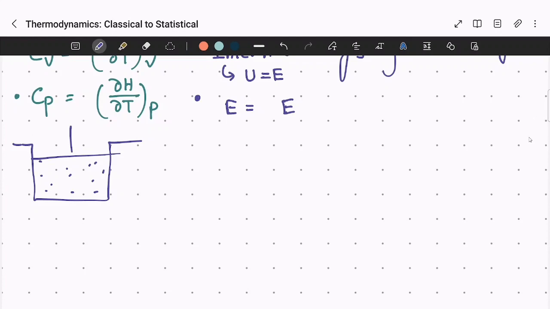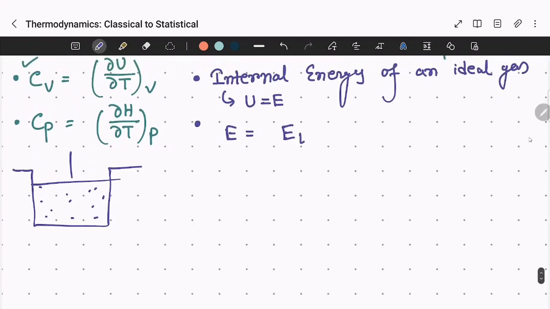It should be translational energy, rotational energy, and vibrational energy. Means that gas molecules translate, that is the kinetic energy. Gas molecules rotate, so that is rotational energy, and also the molecules are vibrating.